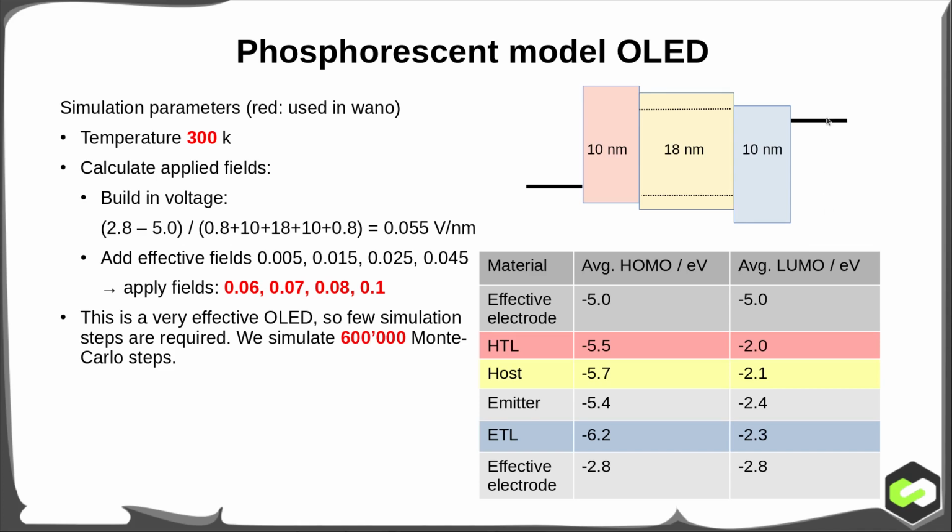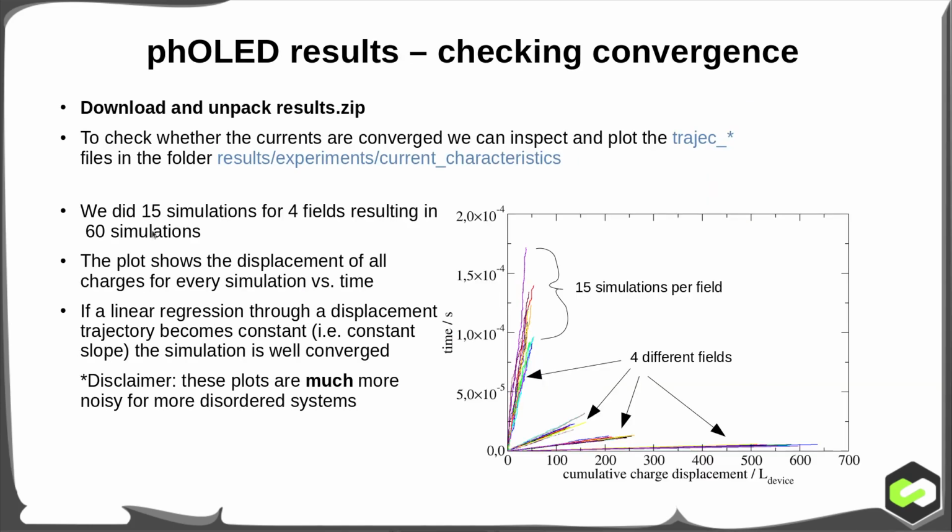We would not have to do this if we simulated the doped injection layers explicitly, but now we have to do it. So we first calculate the built-in voltage, which is the difference between these effective work functions. So it was 2.8 minus 5.0 electron volts, excuse me.